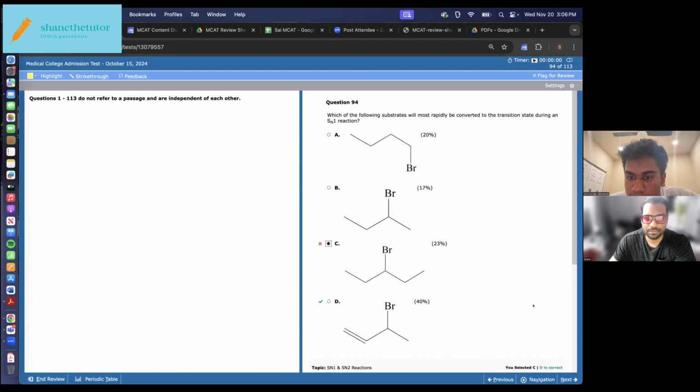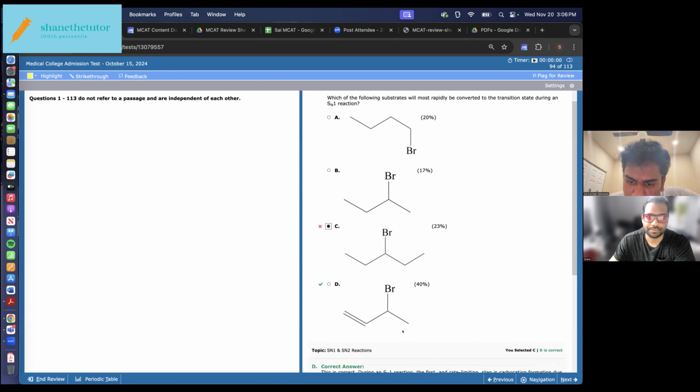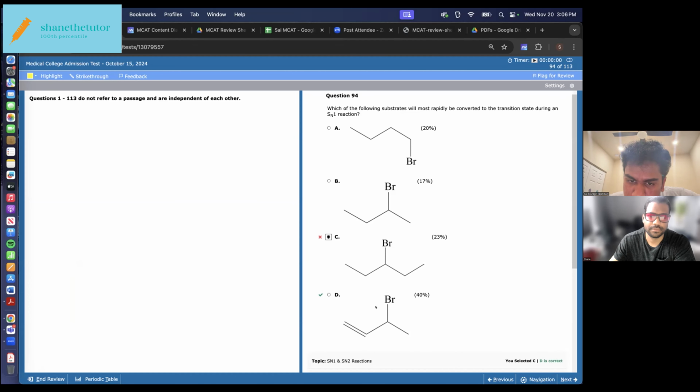I think I was confused with C and D. Why would it be D? Because if it's SN1, I think it would still form a reaction at this point too, right? Is it because this is resonance stabilized so it can hit two more points? So with an SN1 reaction, what happens?